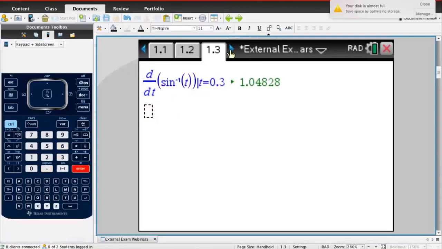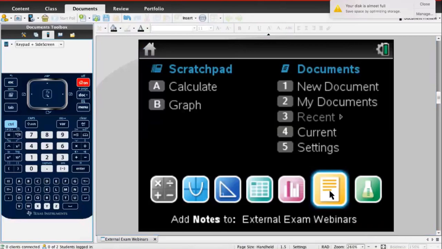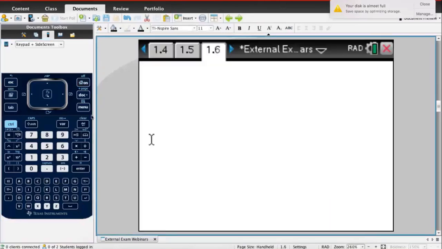The next question is a complex number question. So there's 4 multi-choice answers. And I'm going to go straight into a notes page. So if we click on the home screen and then this yellow box, and we need the math box.